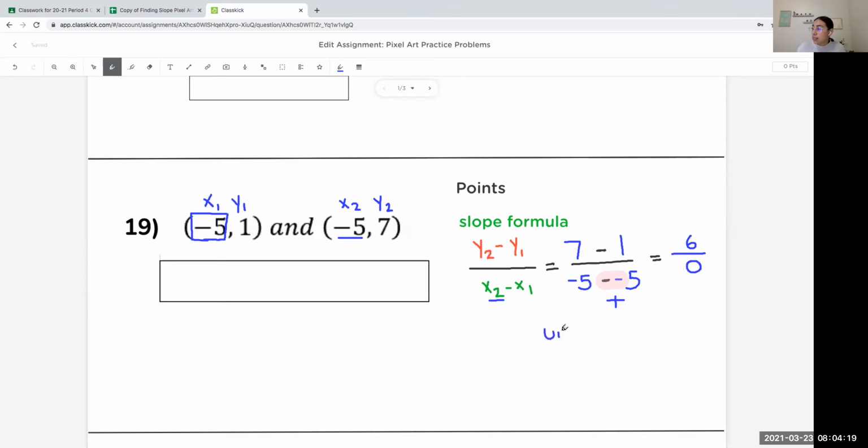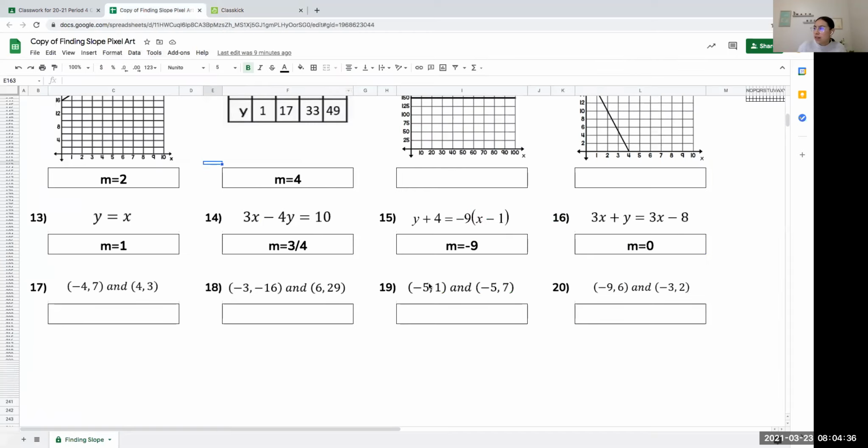We say this is undefined, and it is undefined because of that 0 in our denominator. So I'm going to type in m equals undefined and see what that tells me.